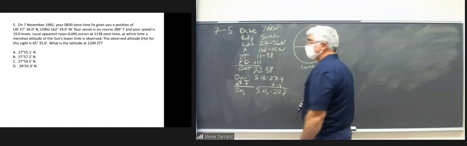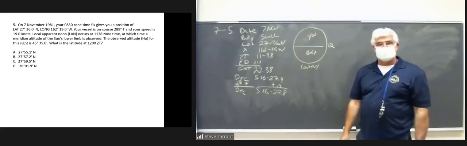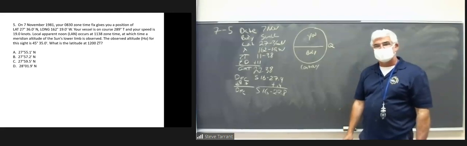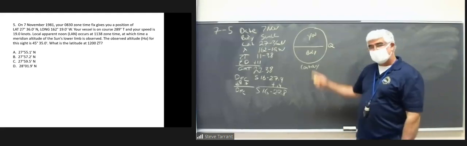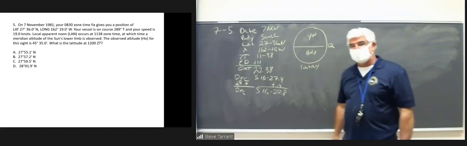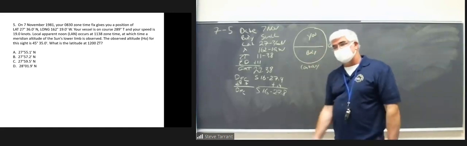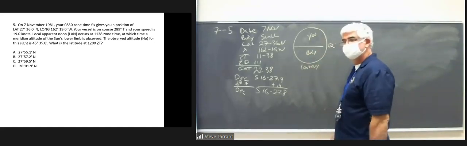So that's contrary. So now we go to page 537 and 538 in the book. Now we go to Bowditch. So go back to that page. We're contrary. What's the formula again? L equals Z minus D.